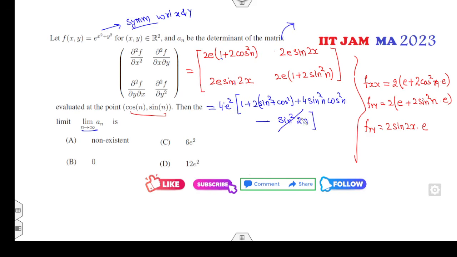Now sin square of 2n and 4 sin square n cos square n will be cancelled. What remains is 1, 2 plus 1 is 3. So 12e square is the right answer of the problem.